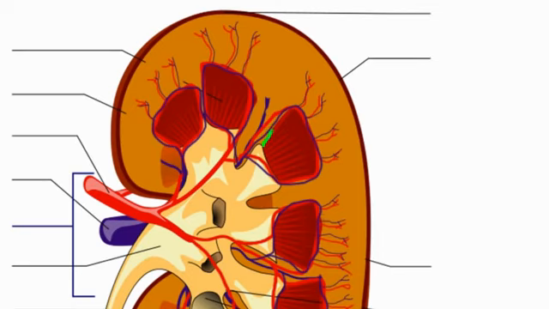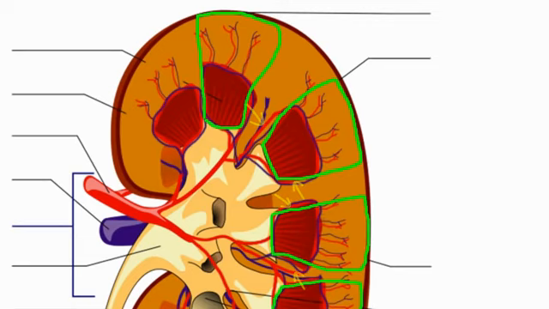So a renal lobe consists of the renal medulla combined with the cortex that sits above it. So I've just drawn a renal lobe on in green. So I've just drawn a couple more on there, and they're called interlobar arteries because the arteries run alongside the medullary pyramids between the renal lobes.